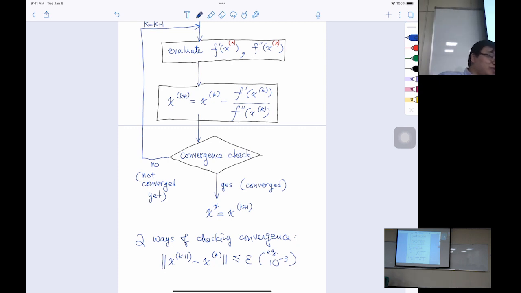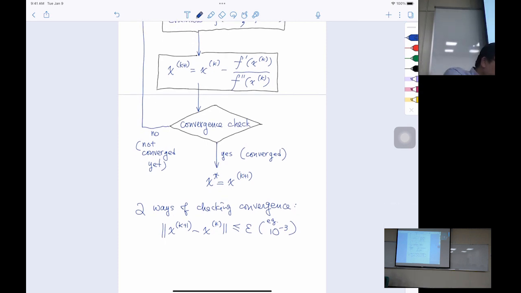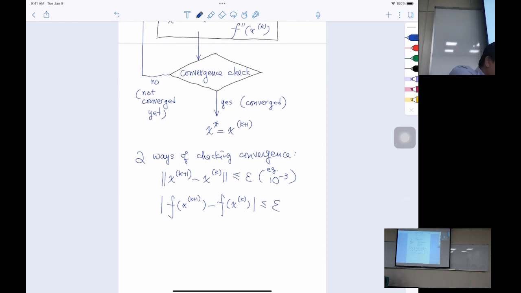Or you can plug in the function and see if the function value is small enough. Of course, you can also assign a small value. Or you can do both. Sometimes there are more than two ways.